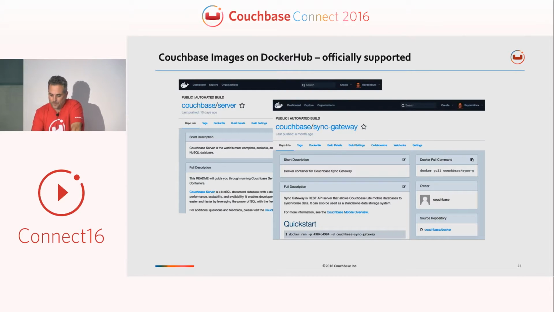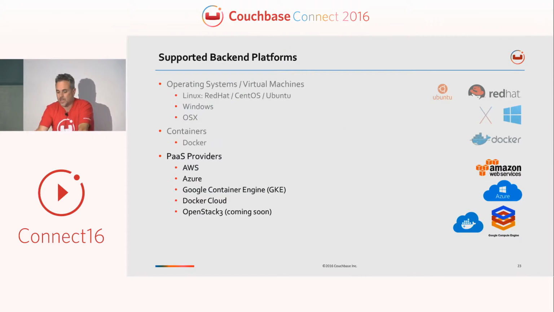Let's talk a little bit about the platform as a service providers out there. I'm talking a lot about containers, but I don't want to pigeonhole into that because there are a lot of IaaS and PaaS providers that Couchbase supports and you can deploy on. We have AMI images on AWS that we build as part of our build process, and we test as well.